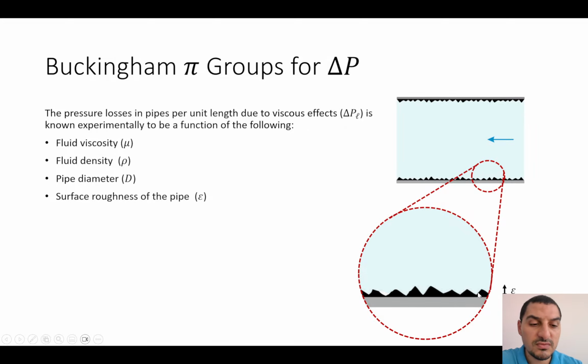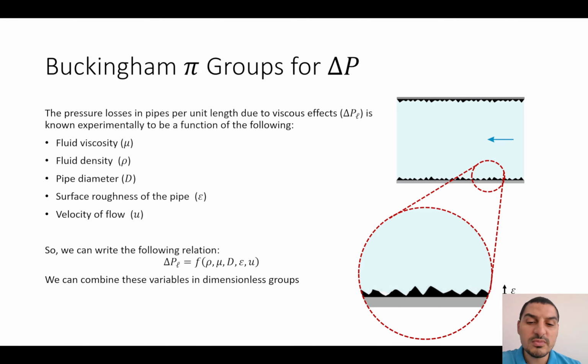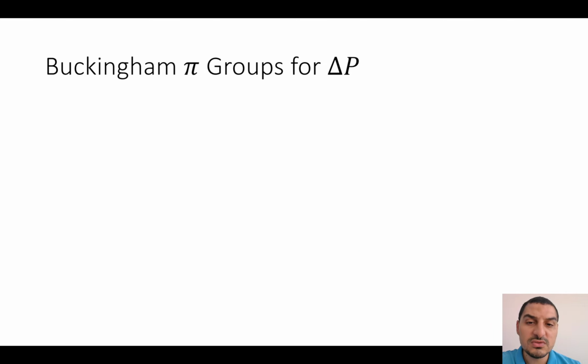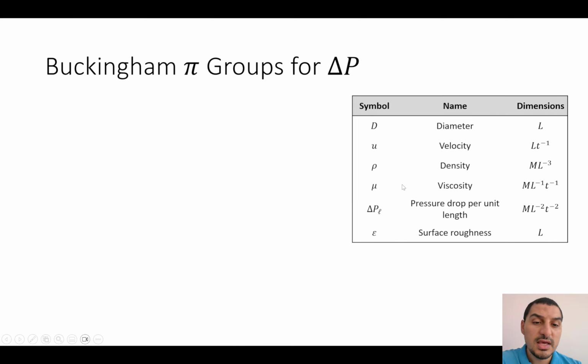The velocity of the flow also affects the pressure drop. So we can write the relation as delta PL is a function of these 5 parameters. It's exactly similar to what we mentioned in the previous video, that X is a function of A, B, C, D, and E. So we need to combine them into dimensionless groups. The first thing to do is to list all the variables and the parameter we are studying, and to put the dimensions of each one of them.